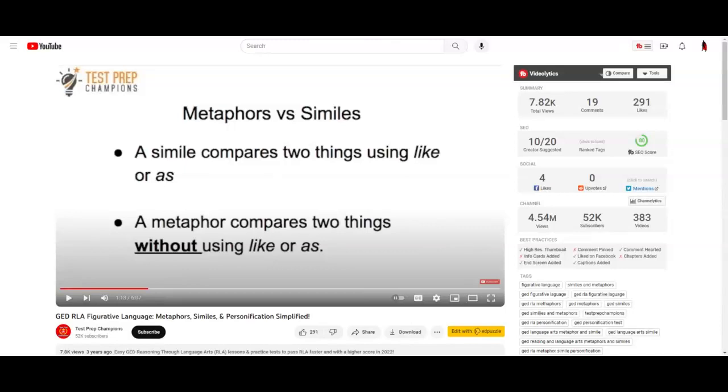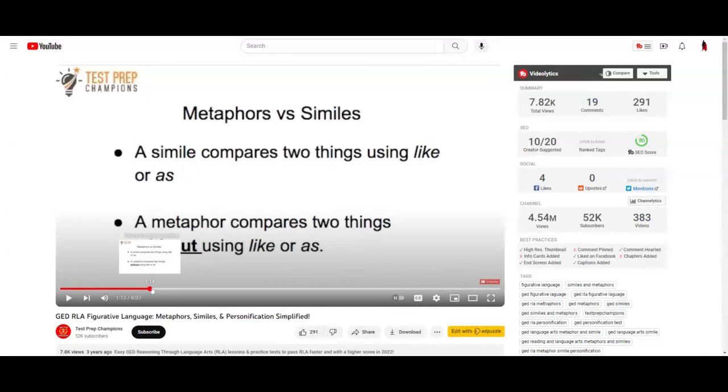A metaphor compares two things, but we don't use the word like or as. So that's the difference between a simile and a metaphor. You're still comparing two things, but a simile uses the word like or as in the comparison. And like you said, an easy way to remember that is the L in simile and the L in like.